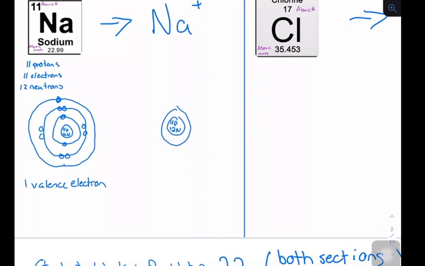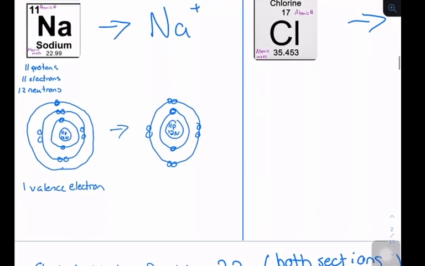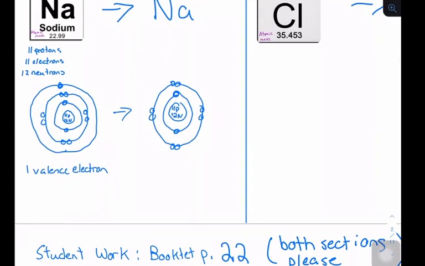Same thing, it's going to have the 2 on the first level, and then 8 on the second, and now it's lost that electron to another atom.